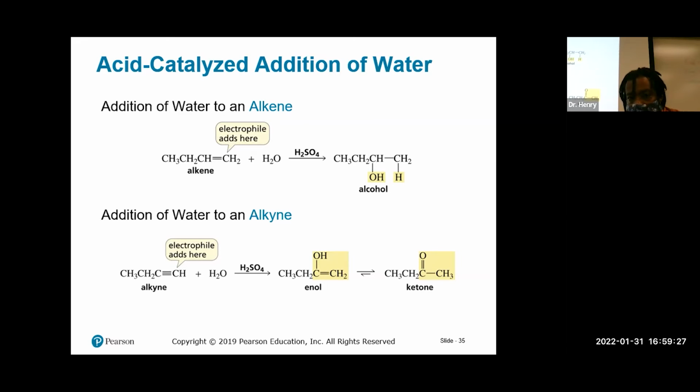Now these guys here are a form of isomers, right? But these guys are called tautomers. The process of going from the enol to the ketone is called tautomerization.